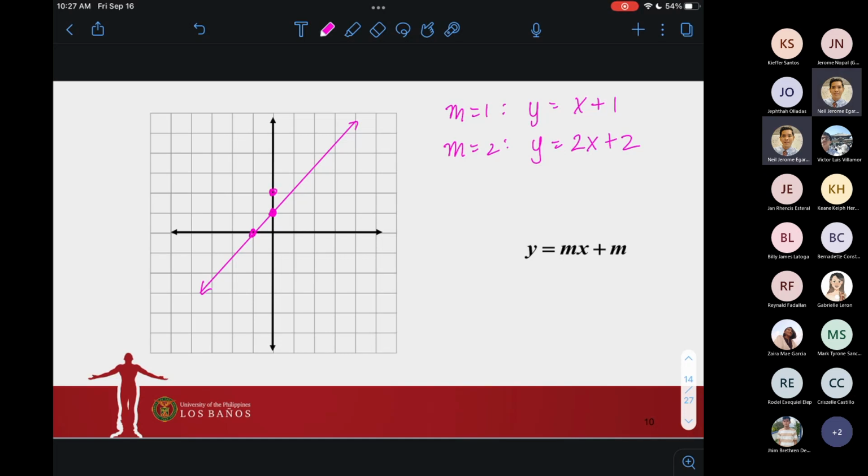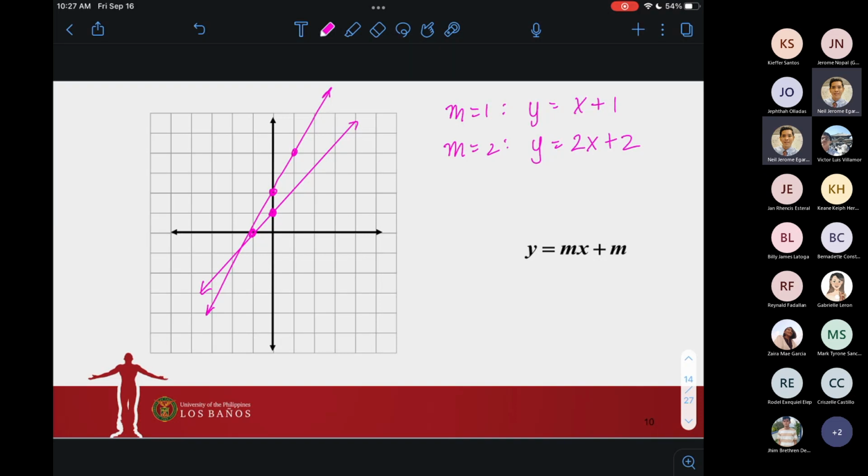When x is 1, we get 3. So sorry, we get 4. Ito naman yung itsura niya. 1, 2. Sorry, sobra pala. Okay, and so on. All right, so you give specific values.